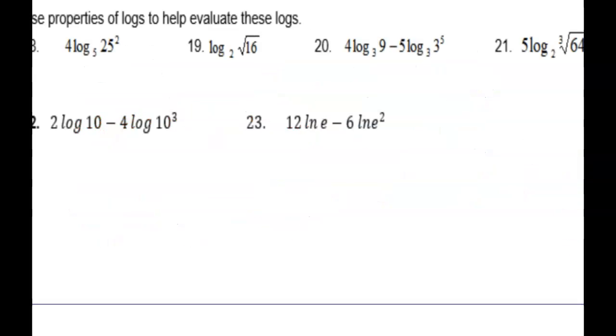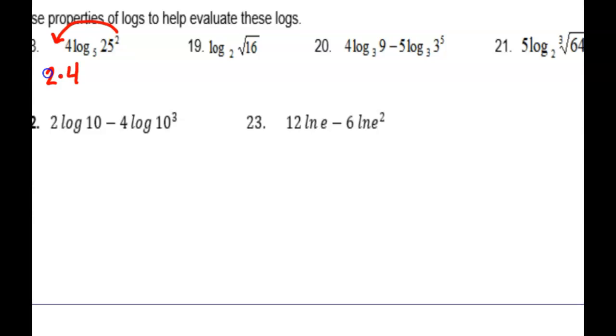I don't know if you need me to do all of these, but you do have to write out how you're getting these answers, okay? It says use properties of logs to help evaluate. So if it was me, I would move the 2 out front.